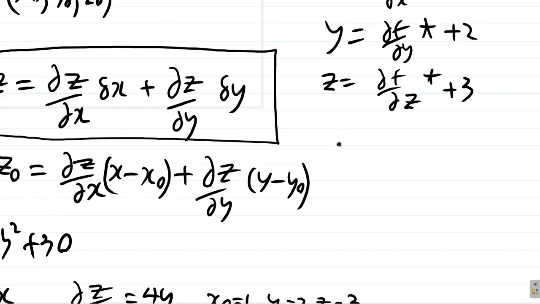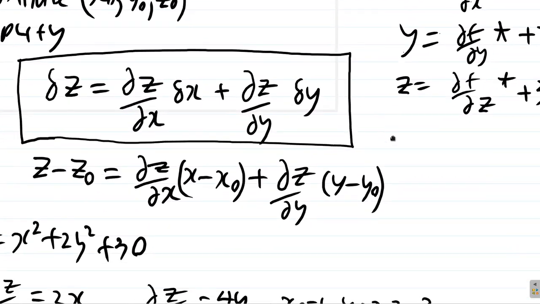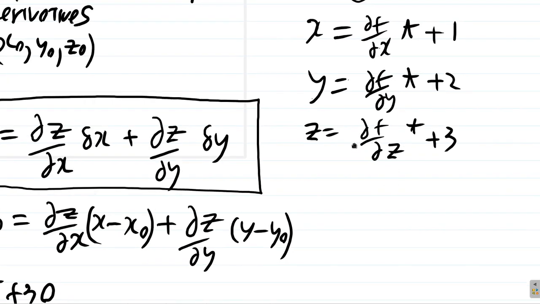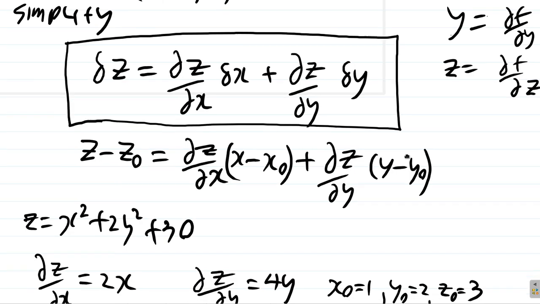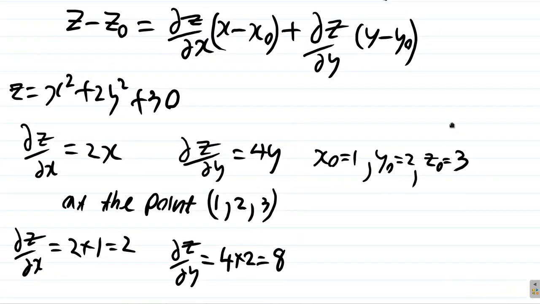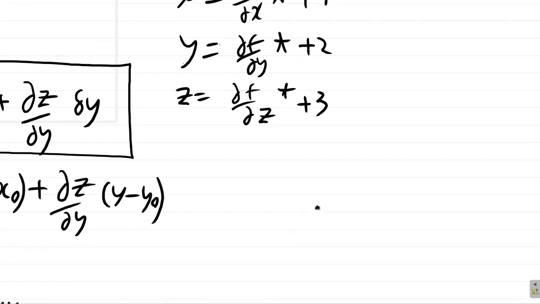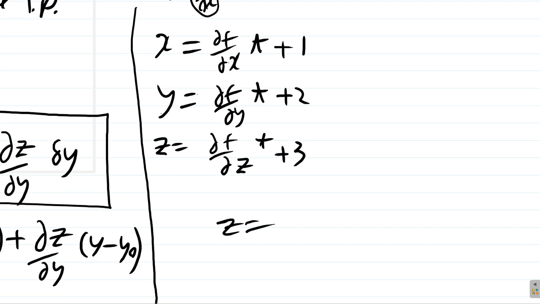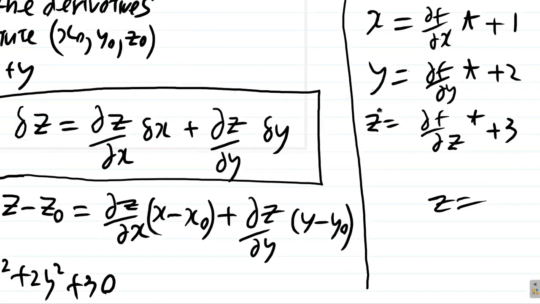Now, if you rewrite this and find delta f by delta z, what would happen? You have z is equal to x squared plus 2y squared plus 30. Let me draw a line to separate the two words. Z is equal to, what was it again?